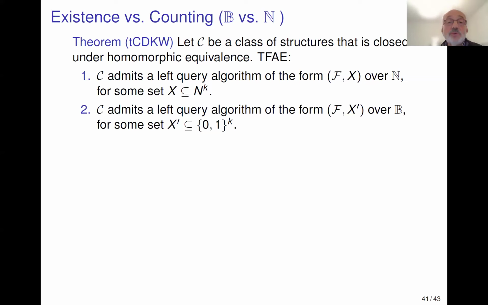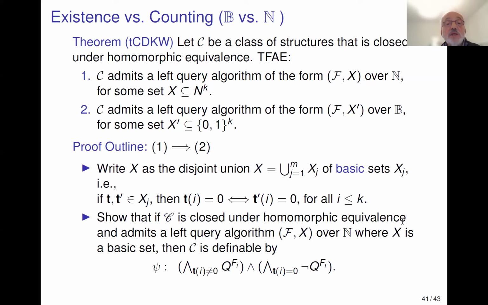I don't have time to go into the details, as I want to leave some time for discussion and questions if there are any. I will just say that the interesting direction is only 1 implies 2, because as I said, if you admit over the Boolean, you admit over the natural numbers.